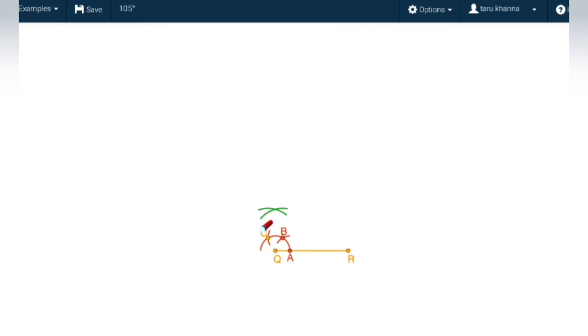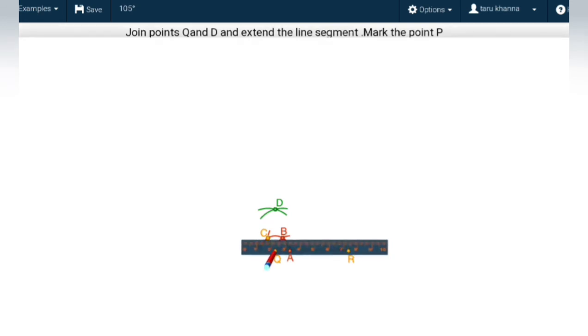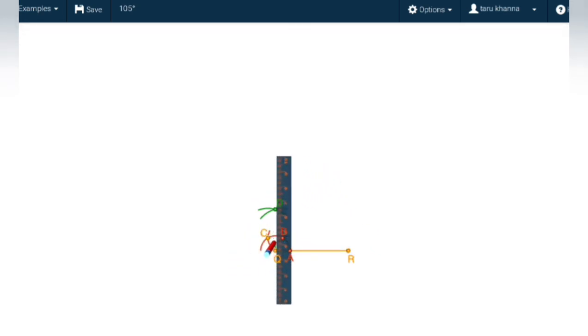And we will mark this point of intersection as point D. And we will be joining Q and D. And now we have this angle, that is the angle so formed by joining Q and D and extending it to a point further, say P, we have an angle PQR which is equal to 90 degree.